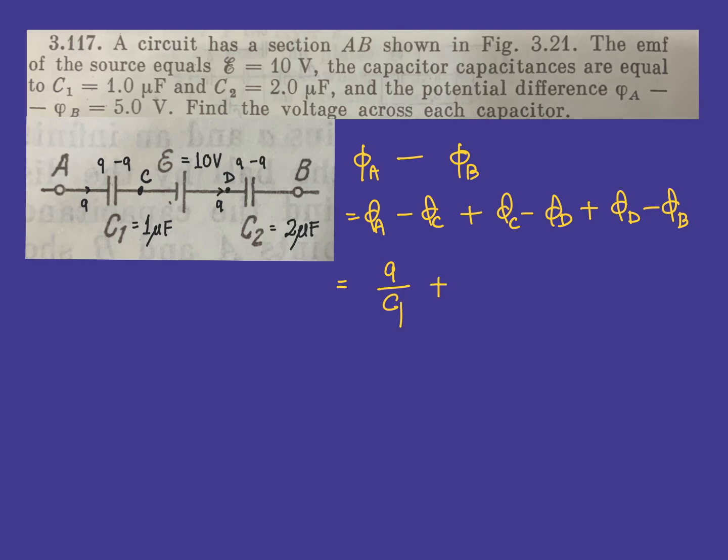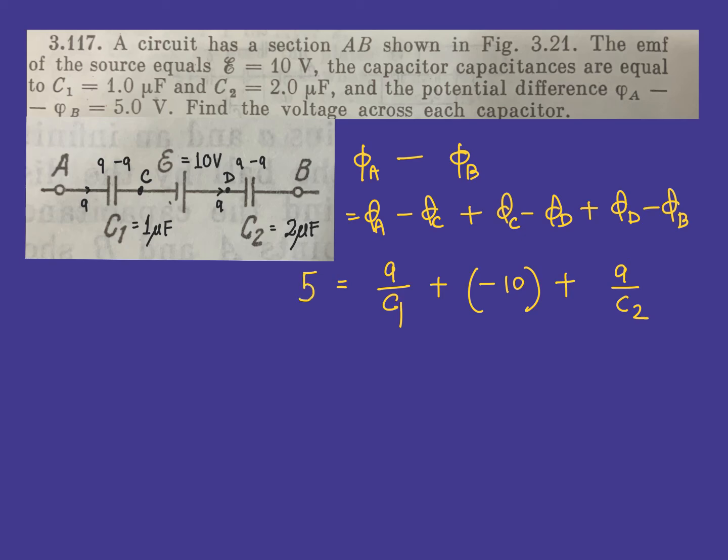Phi C minus phi D is minus 10 volt. Phi D minus phi B is Q by C2. Now that is given as equal to 5 volt.